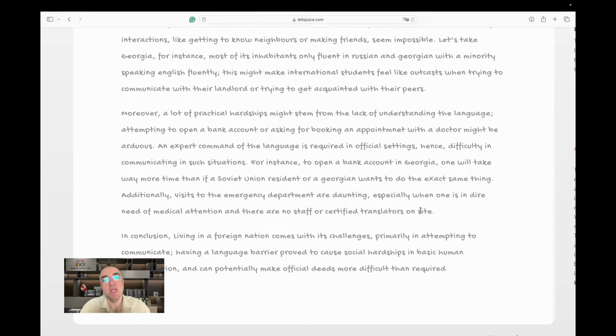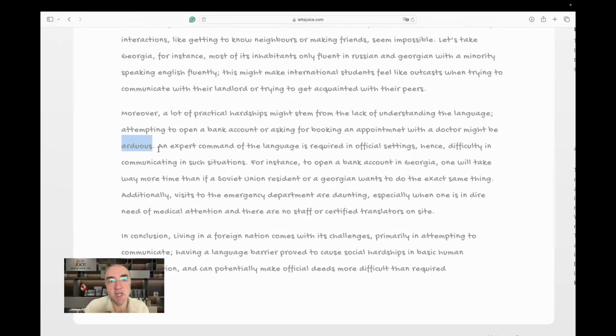Let's see. A lot of practical hardships might stem from the lack of understanding the language. Attempting to open a bank account or asking for booking an appointment with a doctor might be arduous. I like the word. So we're talking about opening a bank account or booking an appointment with a doctor.